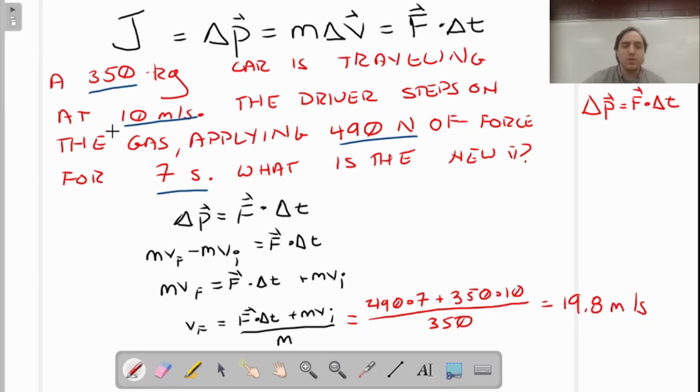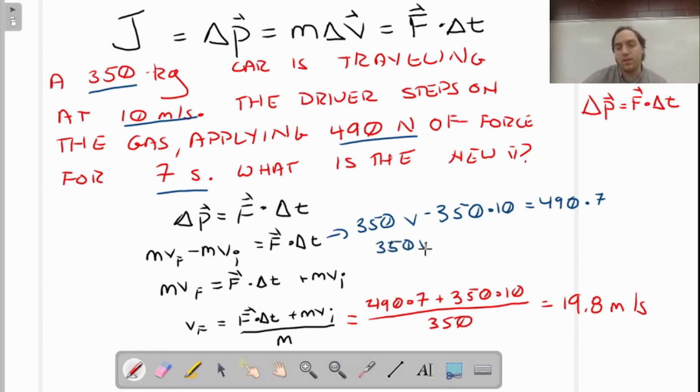I can also solve this numerically, at which point I would just use this section: 350 v minus 350 times 10 equals 490 times 7, 350 v minus 3500 equals 3430, 350 v equals 6930, which when I divide over gives me the 19.8 meters per second.